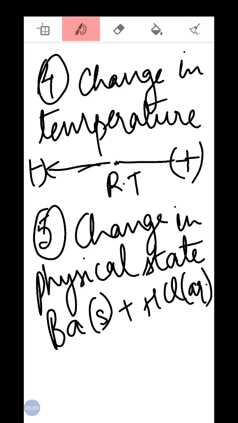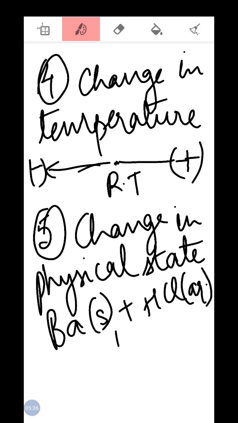That is, if pure acid is not used, we use a solution. Like 80% pure acid and 20% water. So basically, it's a solution in water. It is not a pure liquid. That is why we are writing aqueous or AQ.